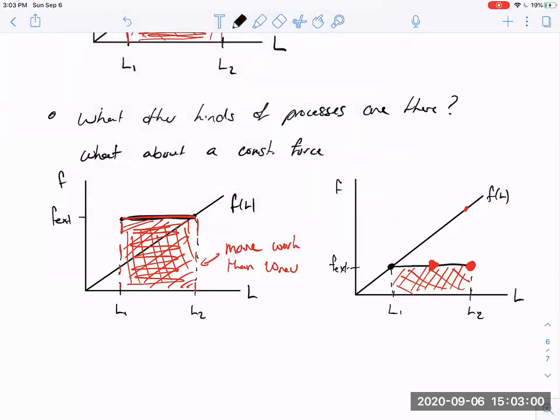So indeed, these sorts of things don't seem likely. And in fact, Clausius would say they are impossible.